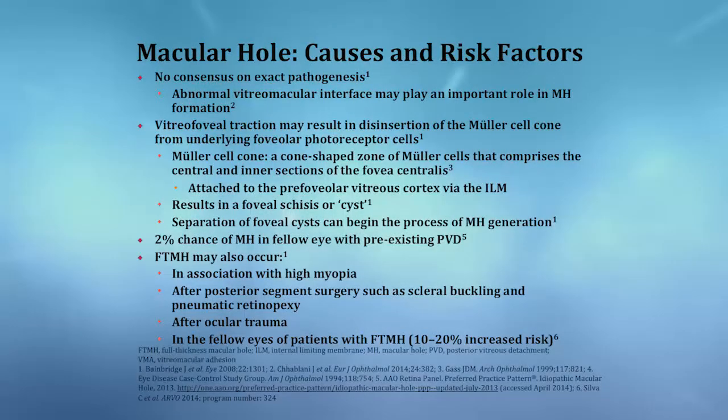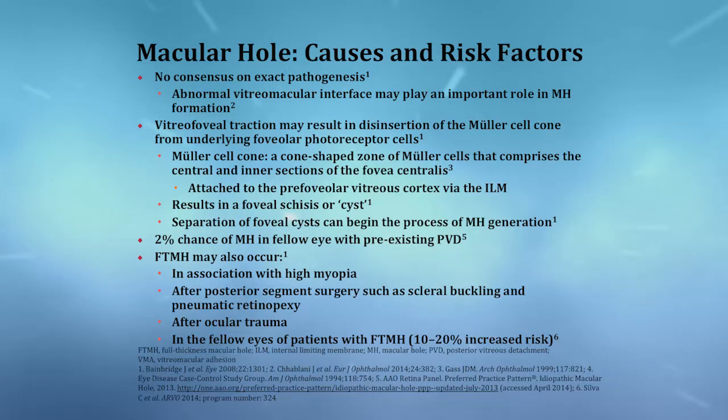Macular hole has many causes and many risk factors. I just put here the reference for people who like that, but the most common cause is idiopathic macular hole, and then comes secondary macular hole. Idiopathic is primary macular hole, and the secondary macular hole has a lot of causes, but the most common cause is the idiopathic, and it represents more than 50% of the cases of macular hole.